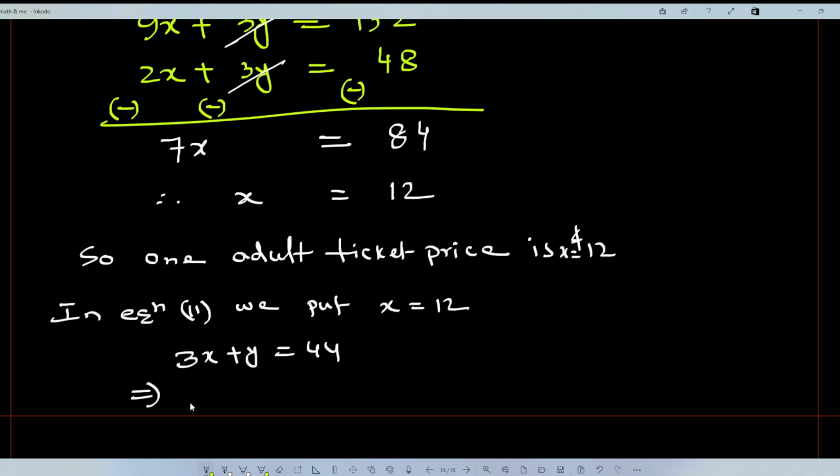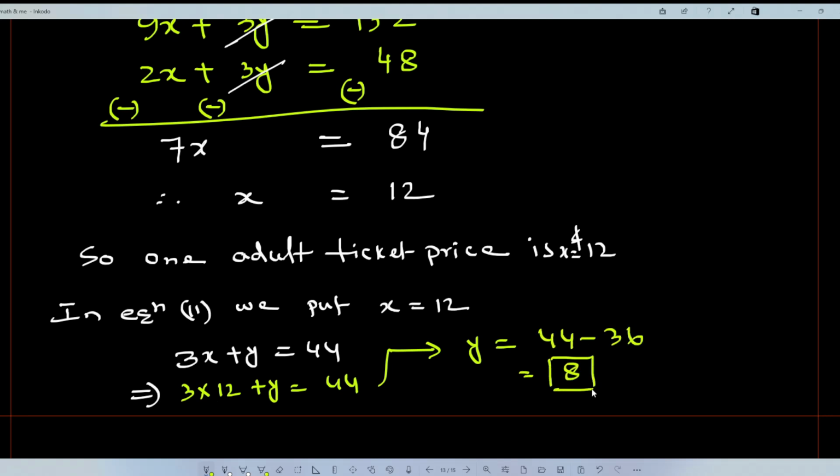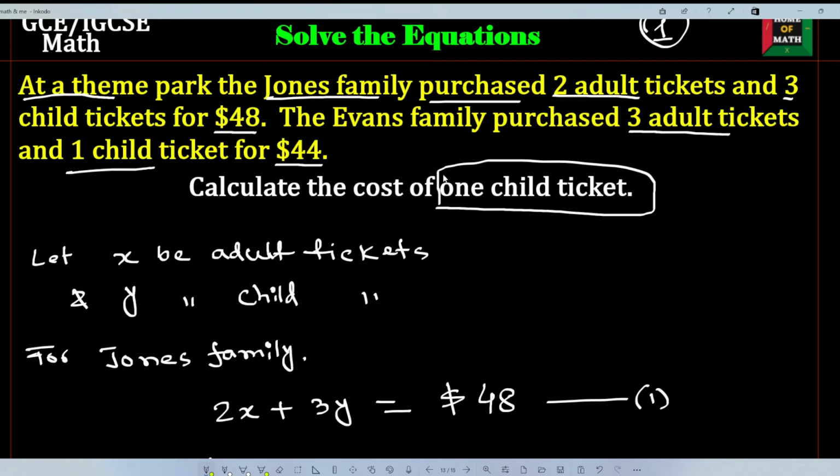So look, here is 3 into x, x means 12, plus y equals 44. So y equals 44 minus 3 times 12, which is 36, so 8. Our result is 8. So our question is to calculate the cost of one child ticket. One child ticket is $8. Okay, this is our answer.